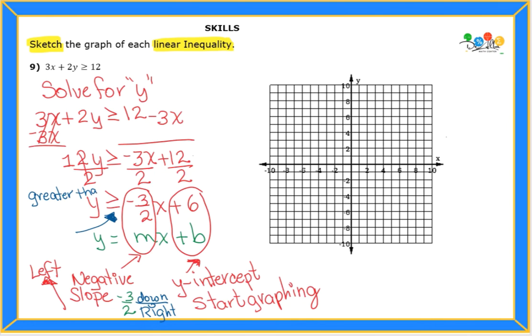Greater than or equal to. So if the symbol is greater than or equal to, it means that it's going to be shaded above, right? And since I have the equal sign with my symbol, that means that it's going to be a solid line.